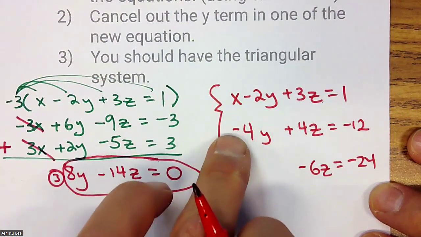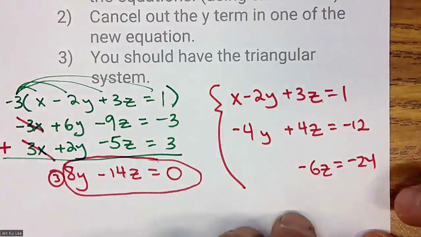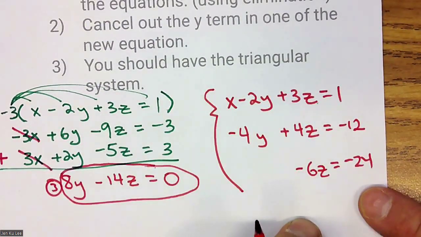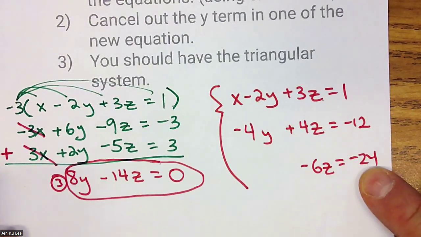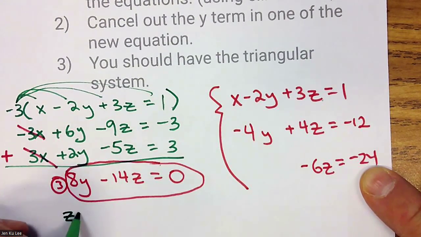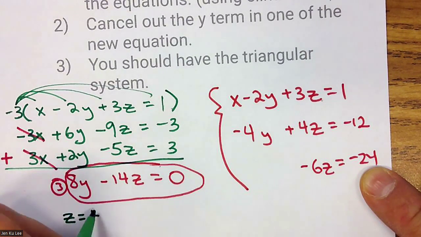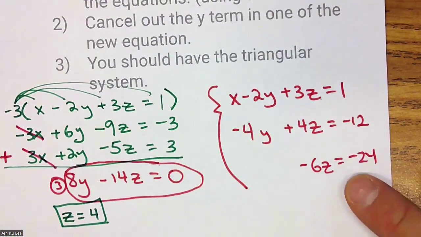There's no x here, and there's no x and y here. So now I can solve it. This is a one-variable problem, right? So if negative 6z equals negative 24, z is going to equal positive 4, right? You guys just do the math in your head.